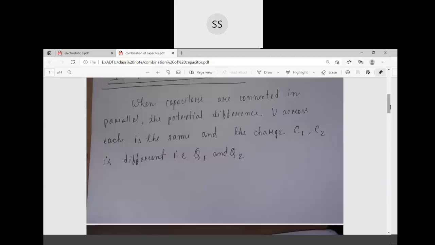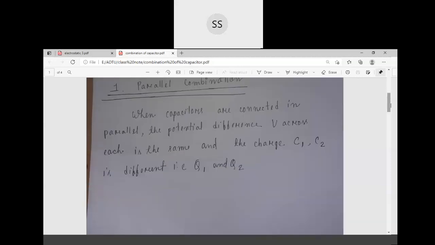Okay, when the capacitors are connected in parallel, the potential difference V across each is the same, and the charge Q1, Q2 is different. That is, the charge across C1 and C2 is different, with Q1 and Q2.